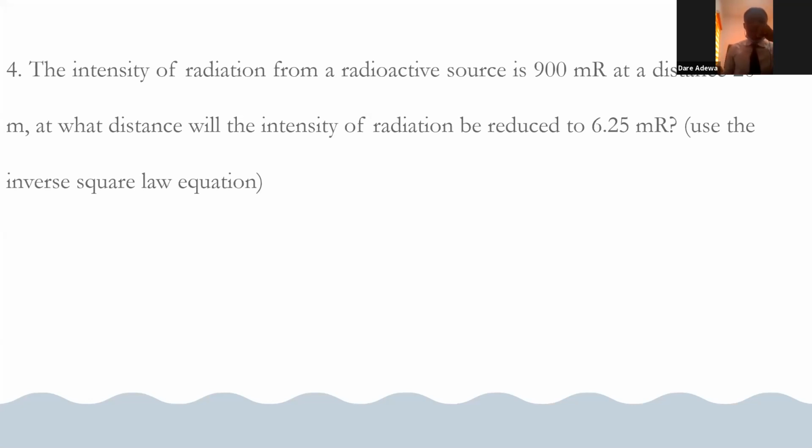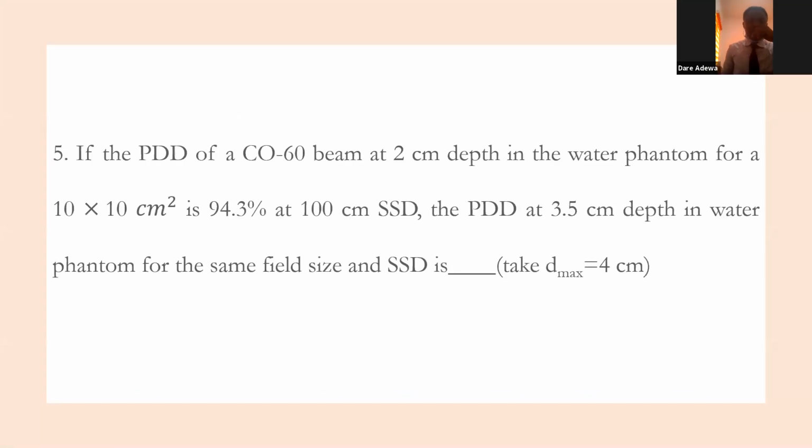The first distance is 20 meters. Then you are looking for the second distance, with the second intensity of 6.25. Please send your answers on your number 4 answer. All right, thank you.